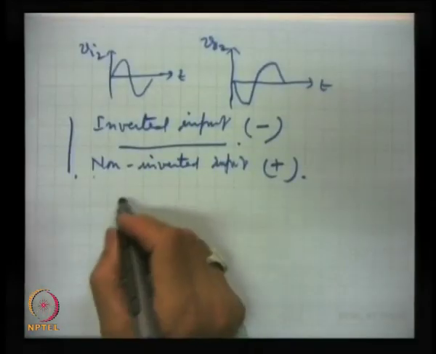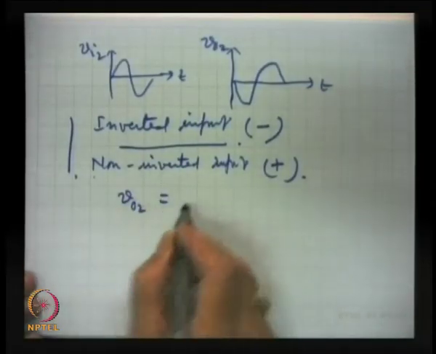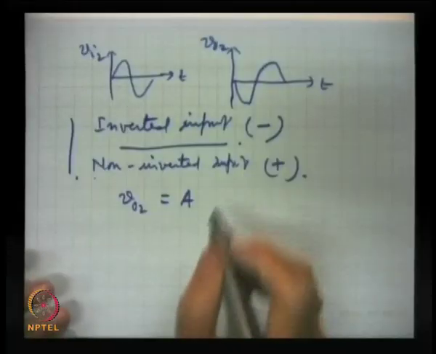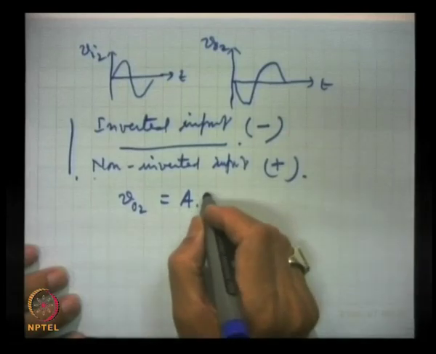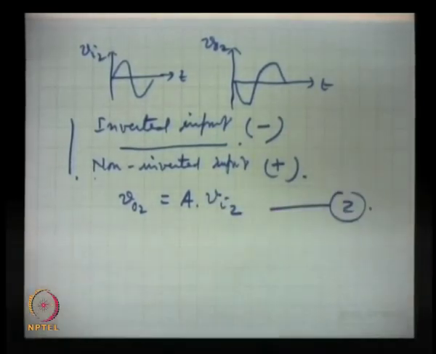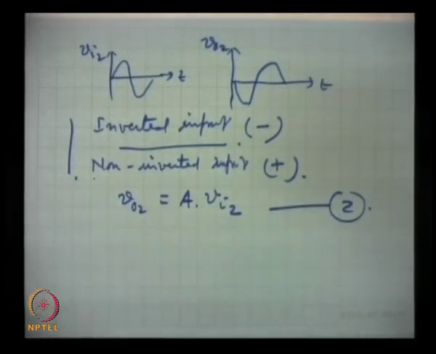Now VO2 has the same A, because the same thing is being repeated. Q2 forms the CE amplifier, Q1 forms the CB amplifier. So we get the same gain, and this is Vi2, this is equation 2. Now, we apply superposition.